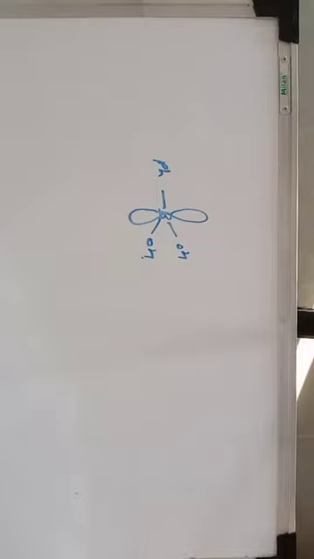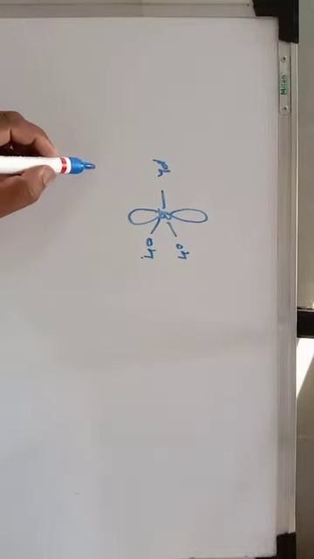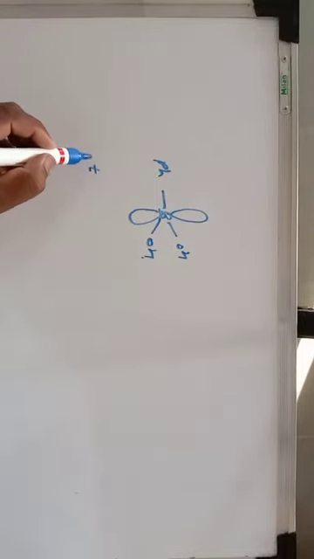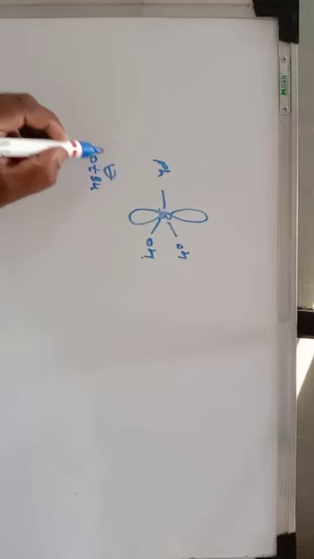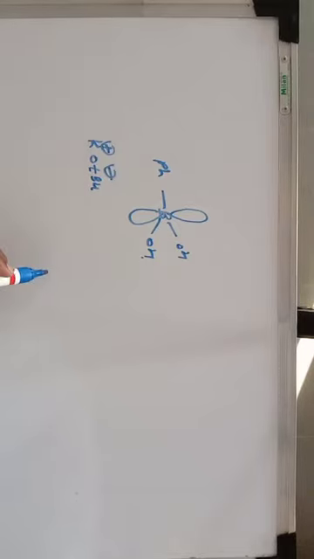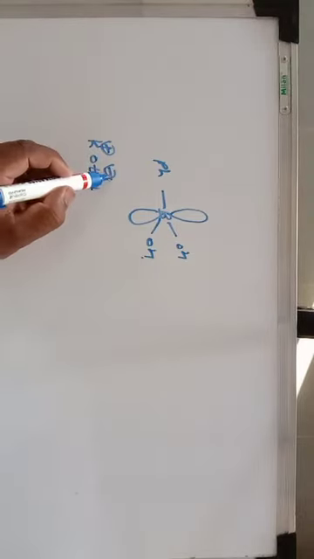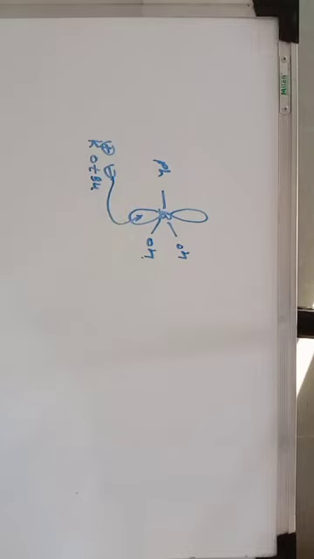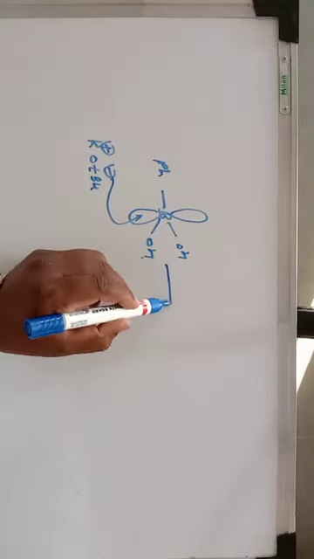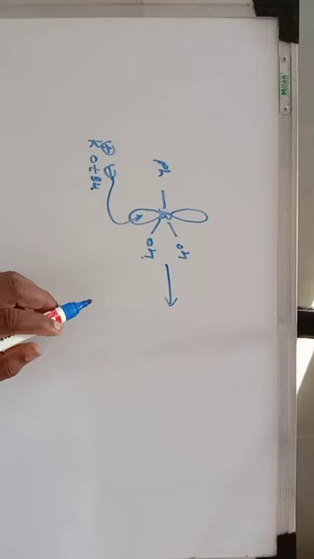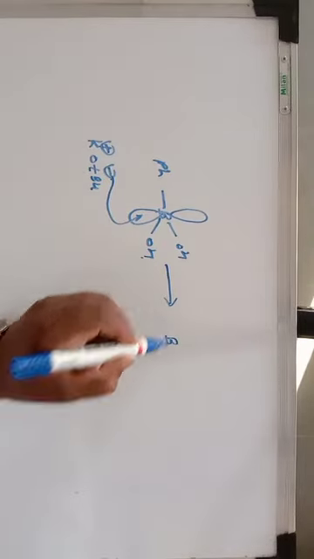So what happens is that this base, such as potassium tertiary butoxide, when it interacts with this boronic acid, it transfers its electron to this empty 2pz orbital of boronic acid.